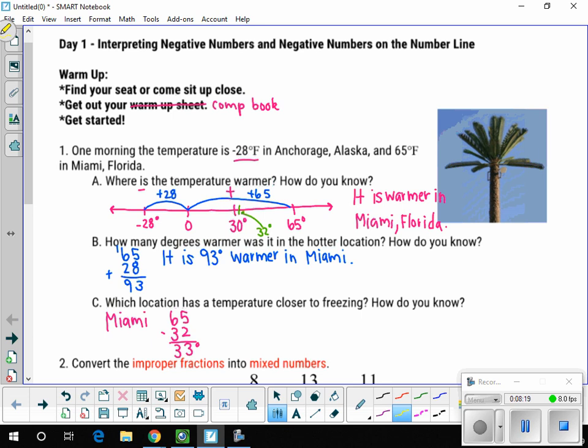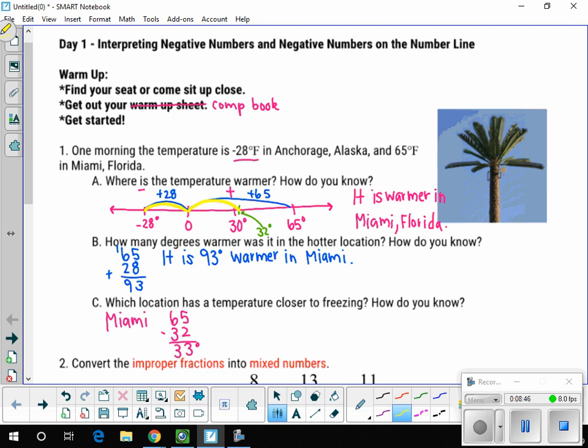The 28 is 28 from the 0. So if we go from negative 28 to 0, that would be to add 28. And then once you add 28 to 32, so you want to go to this point? Okay, Owen, what do you think about that?